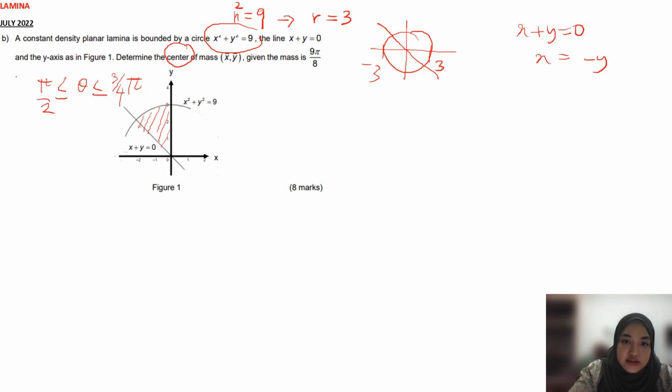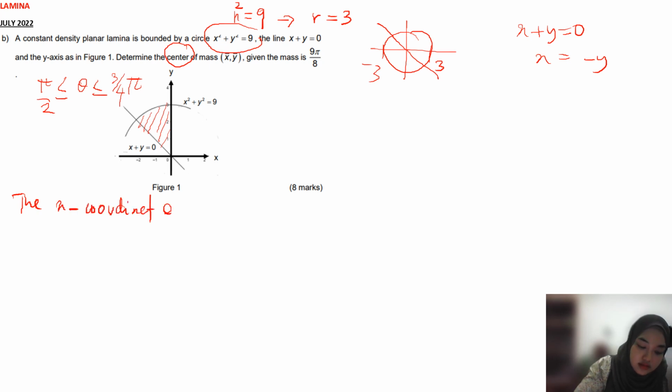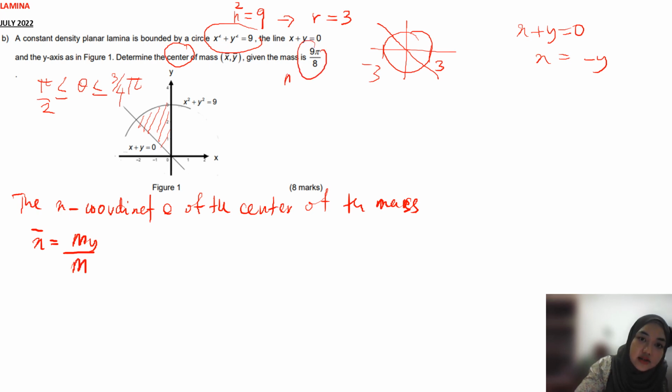Right, so we start with the x coordinate of the center of mass. Alright, so for the x coordinate, the formula would be x bar equals My over M, the mass. This is the mass, okay?